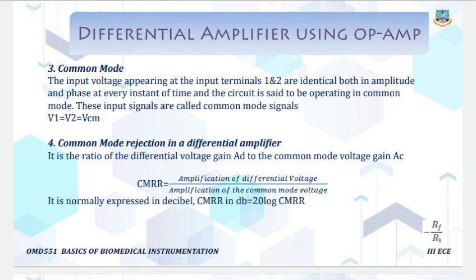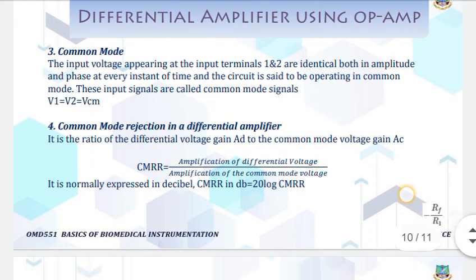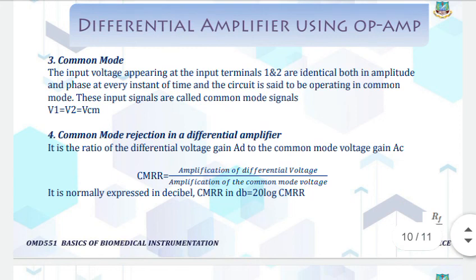This is normally represented in decibels. So CMRR in dB is equal to 20 log CMRR. This is the common mode rejection ratio of a differential amplifier.